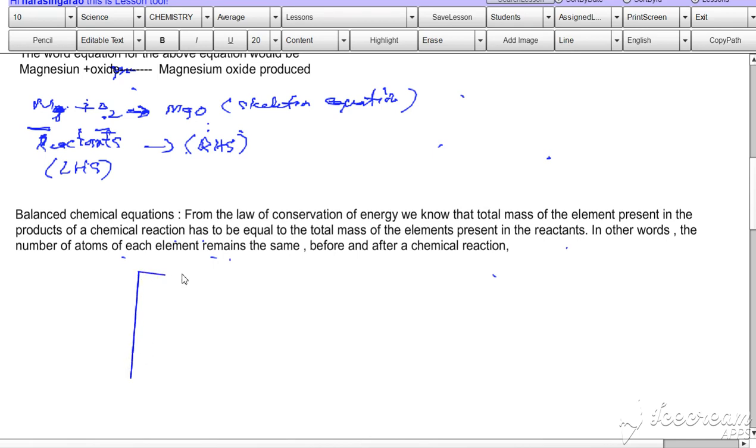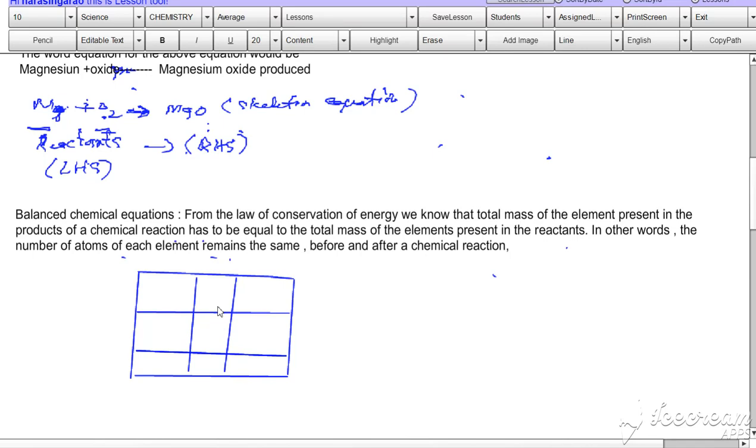in such a way that it shows how many atoms of each element are present on the left hand side and right hand side. So you draw a line here to make two columns. First we have magnesium, and here is oxygen.